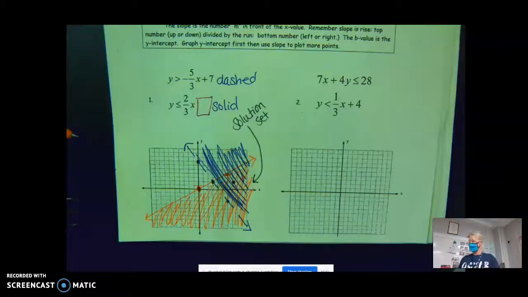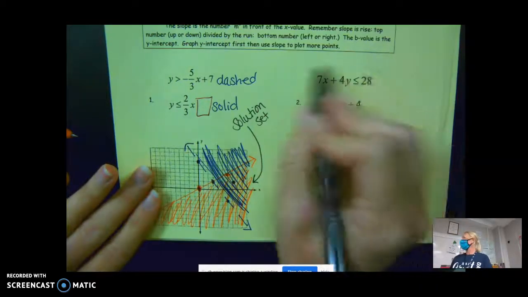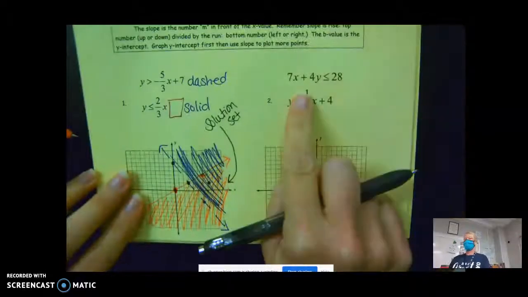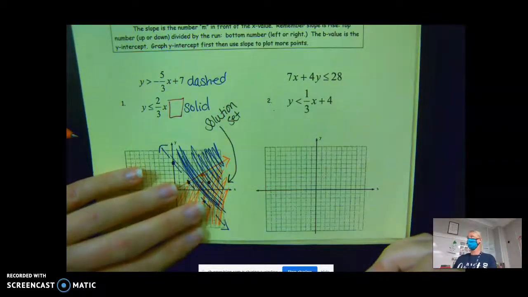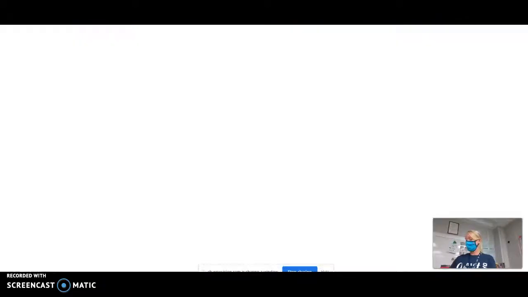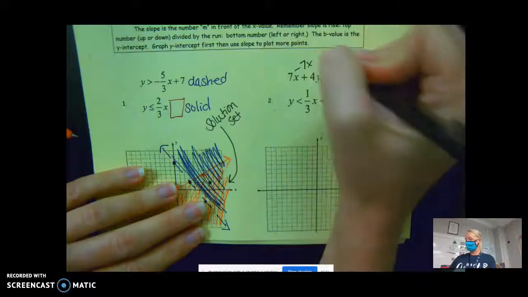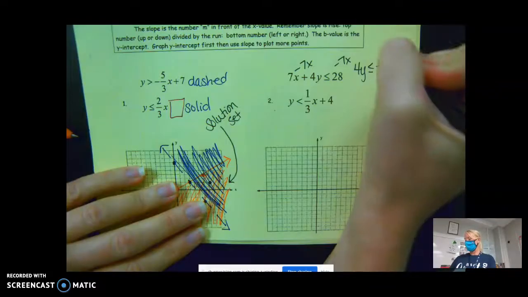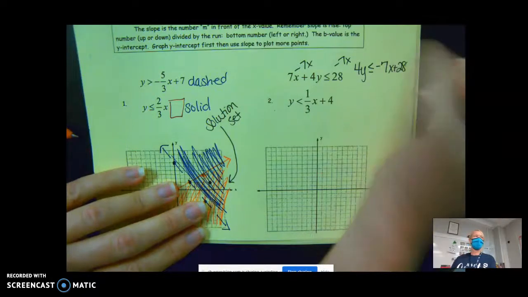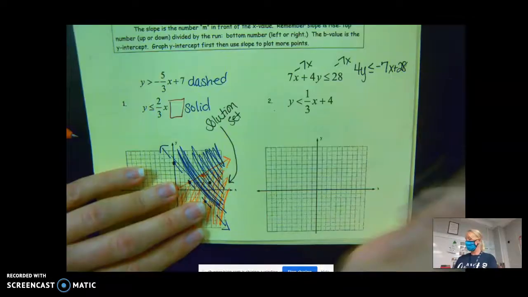Okay? Let's get this equation into the correct form. What would I do first? Yep, subtract 7x from both sides. Can you guys all hear me okay with the mask on? In the back, can you guys hear me okay? All right.